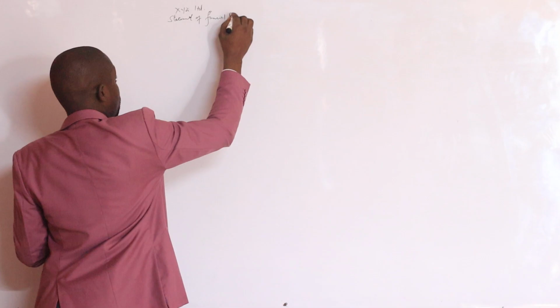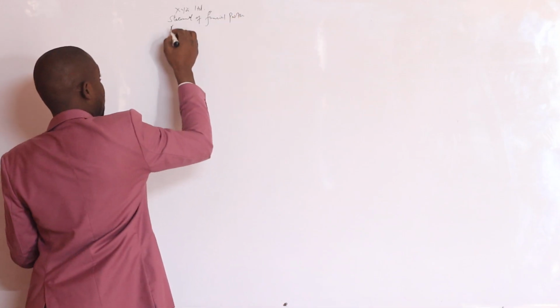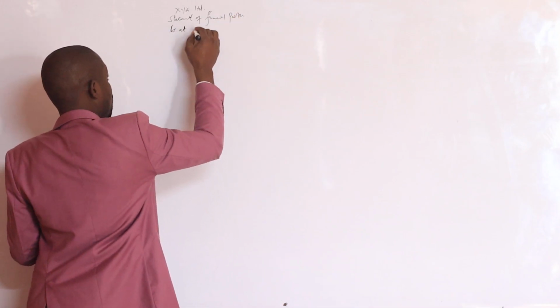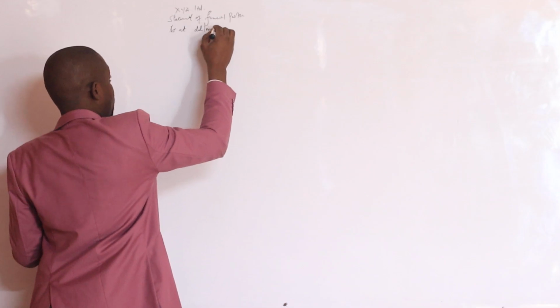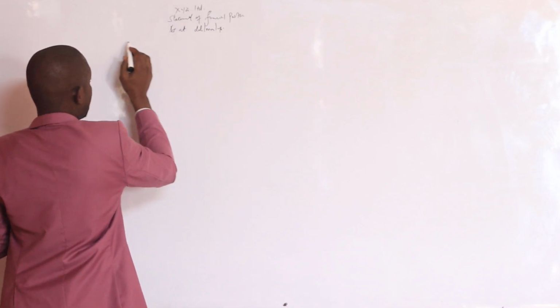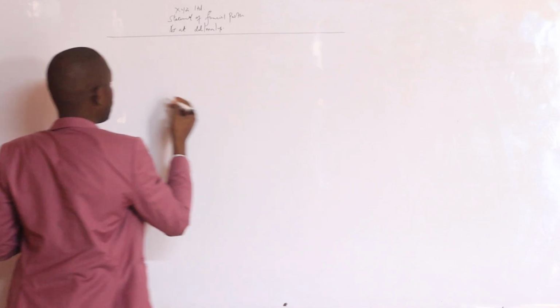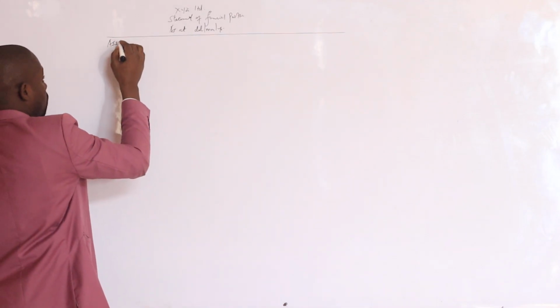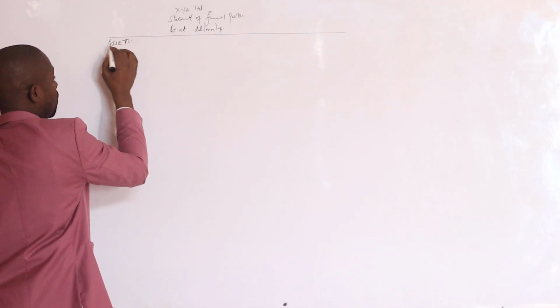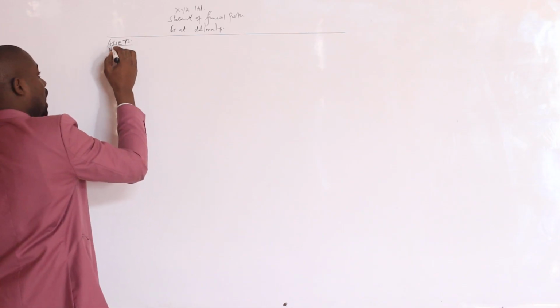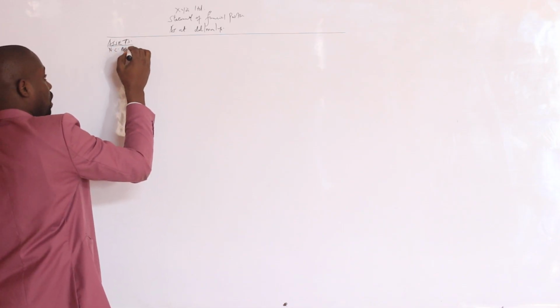Statement of financial position as at, we have the day, the month, then the year. So this is how it will look. We'll have assets on this side, first non-current assets featuring here.